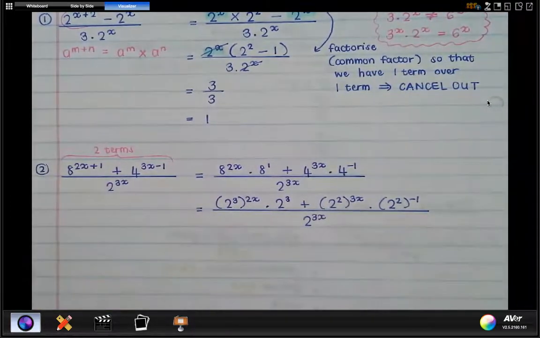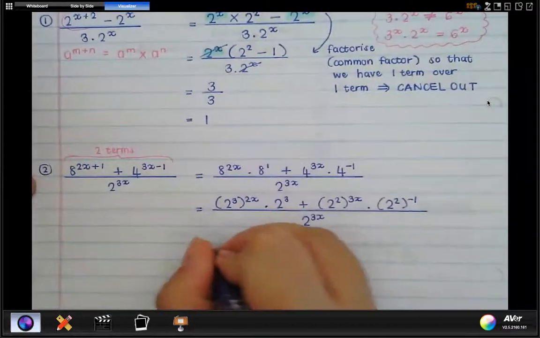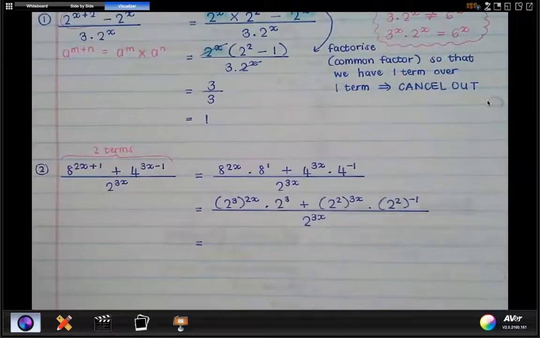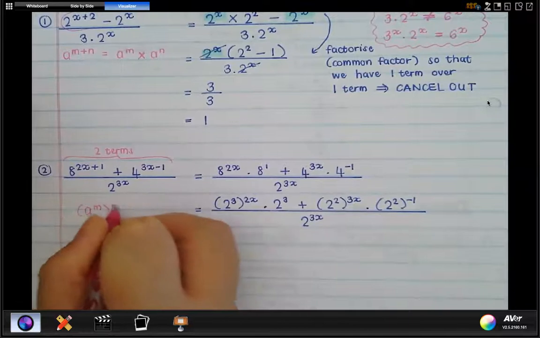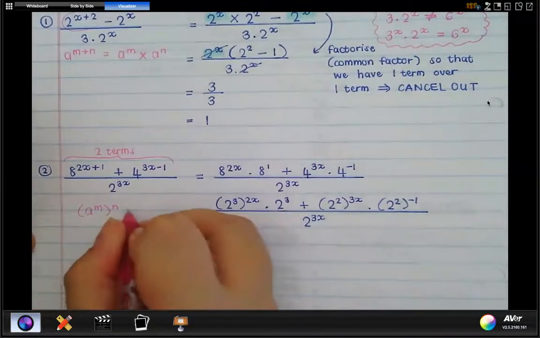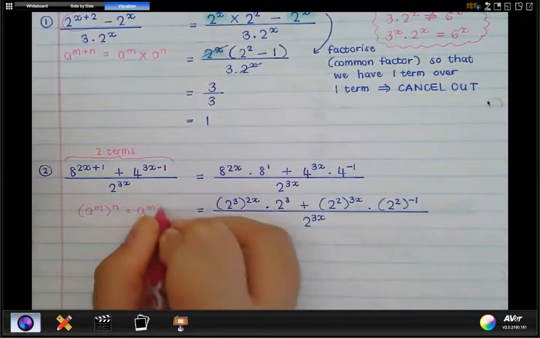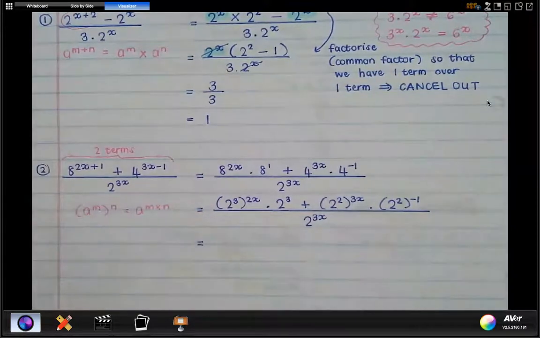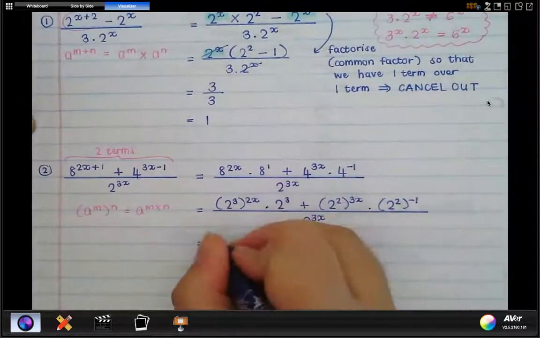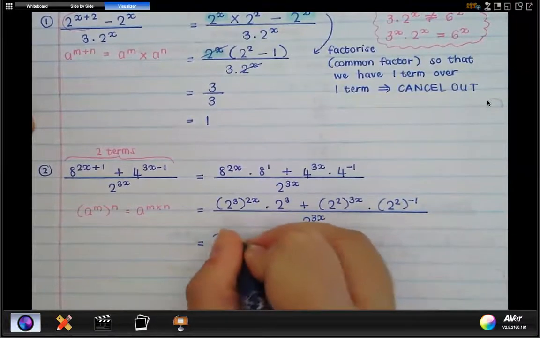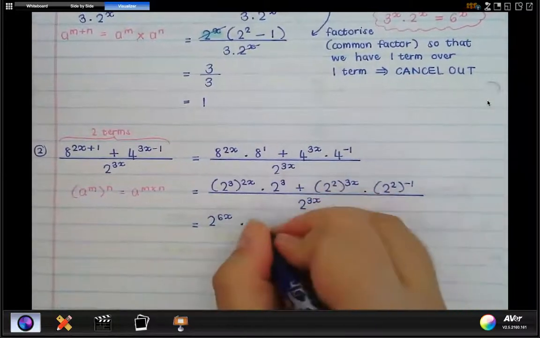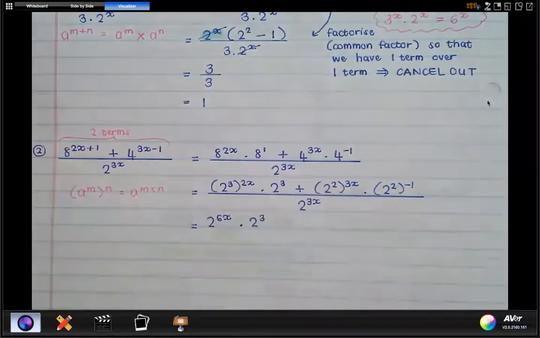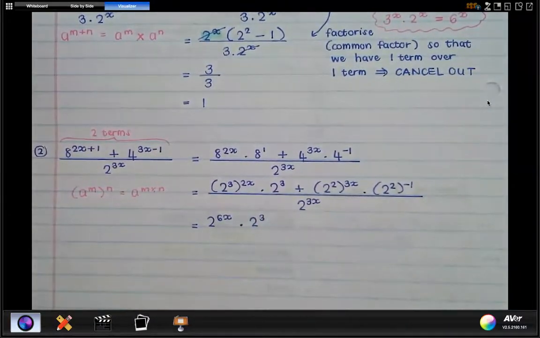Let's just first get rid of all these brackets. So remember, we're applying this law that you have an exponent inside a bracket and outside of a bracket, you multiply those exponents together. So that is what we are doing now. So 3 times 2x is 6x. So that is 2 to the power of 6x times 2 to the power of 3, suppose you could leave that as an 8.